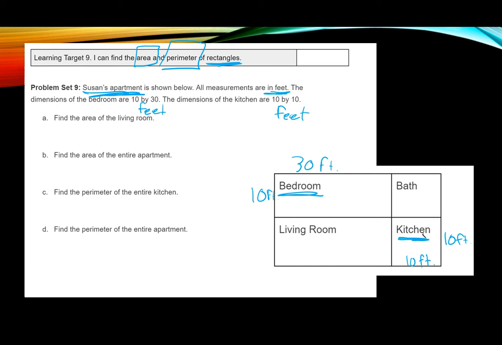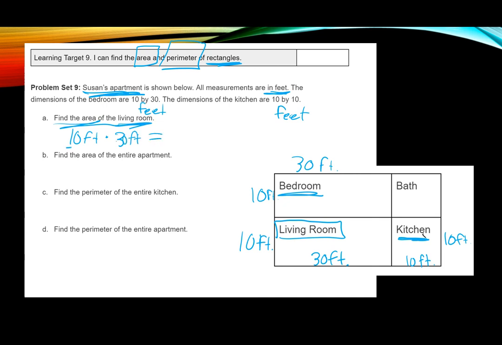So now we can answer the questions based off of this information we've been given. Find the area of the living room. All right, so here is our living room. And since it's 10 feet over there for the kitchen side length, then this side length is going to be 10 feet as well. And then the length is going to be 30 feet, just like the base of the bedroom. So we would just do 10 feet multiplied by 30 feet.